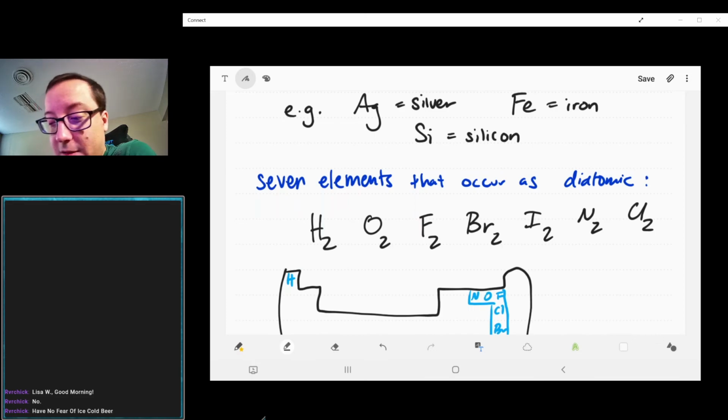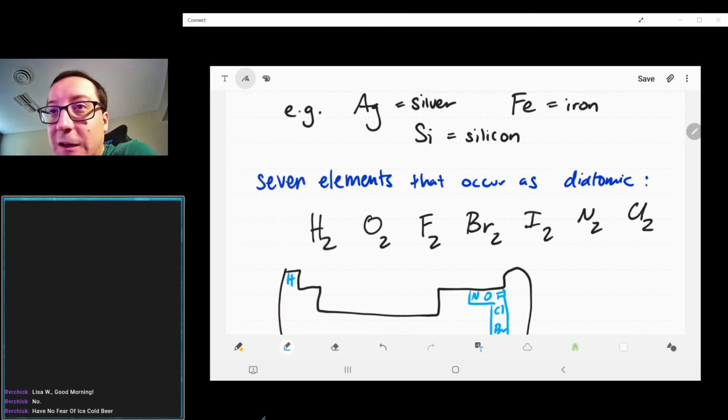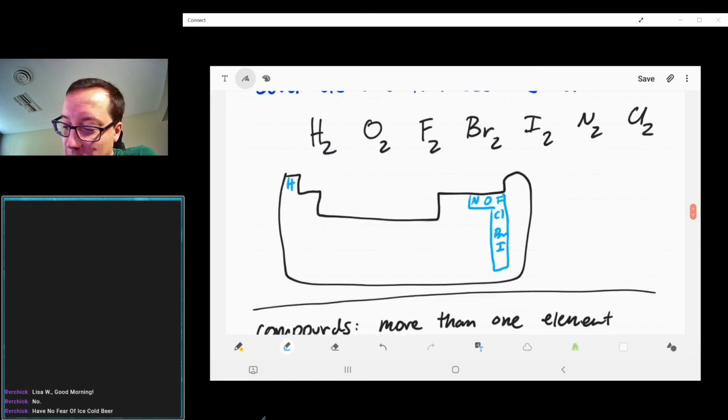It kind of works. Yeah. That would be a good way. But you would have to keep in mind that it is not just C and B, because that would be carbon and boron, but it is in fact chlorine and bromine. So just remember that if you're going to use that mnemonic. It works. Pretty cool.